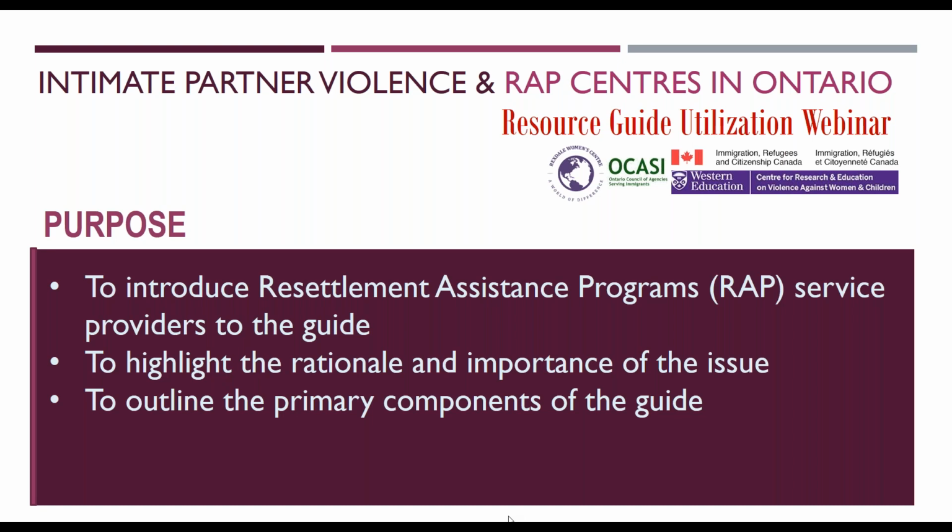We thought after the resource guide was developed that it might be helpful for those who are using the guide to introduce them to the guide itself, because we know that it can be quite lengthy. So this is an opportunity to highlight the rationale and importance of this issue, to be introduced to the guide itself, and to outline the primary components that you will find within the guide.